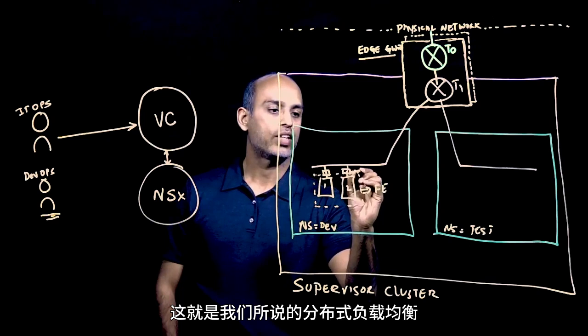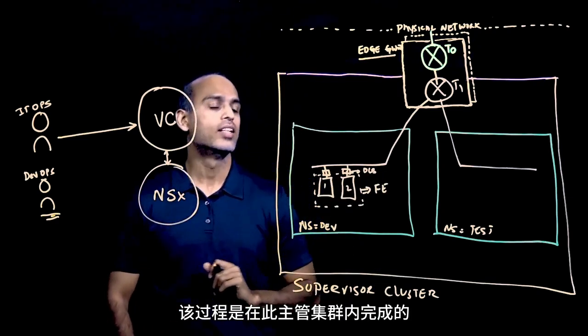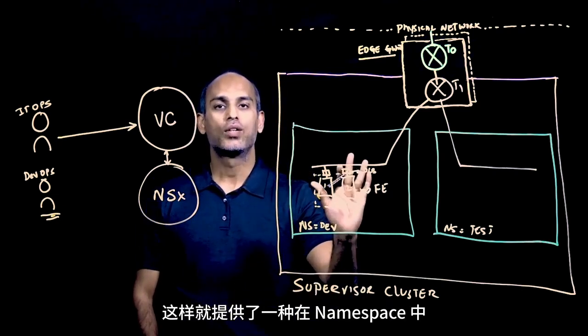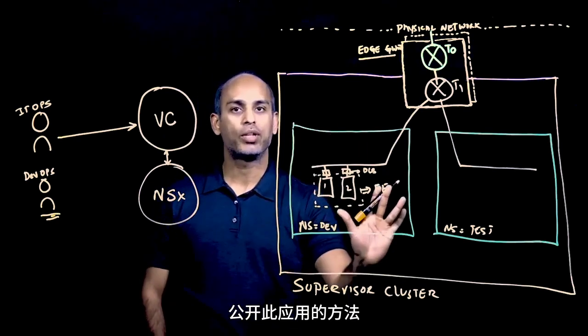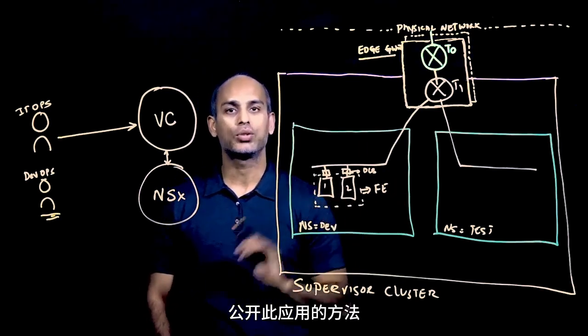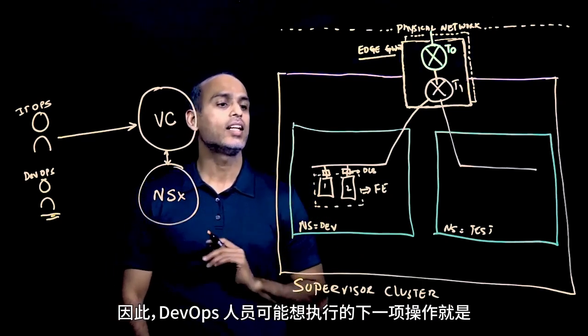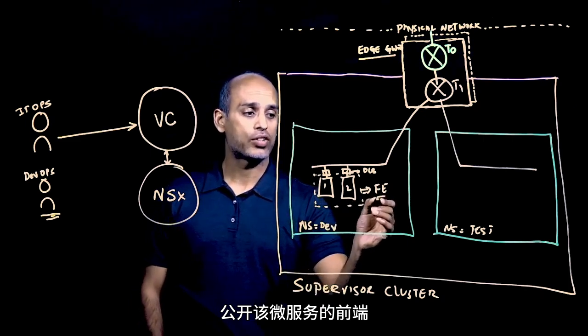And this is what we refer to as distributed load balancing. It is realized inside of this supervisor cluster. This provides a way to expose this application within the namespace for other microservices to interact with and discover this microservice.